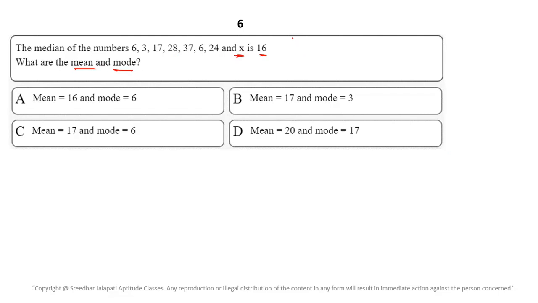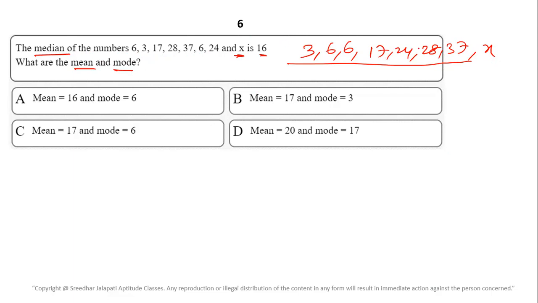As I'm given the median, to find it I should arrange the data in ascending order. So it will be 3, 6, 6, 17, 24, 28, 37, and we do not know the value of x. x can be any value, so we do not know where exactly x lies.